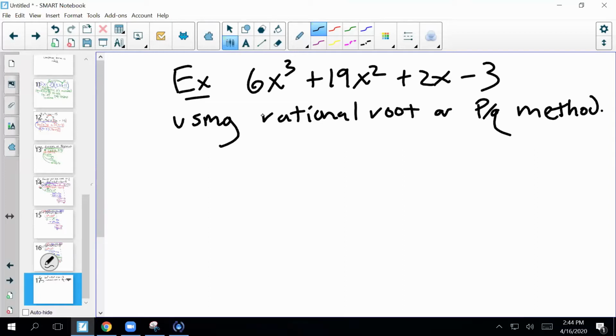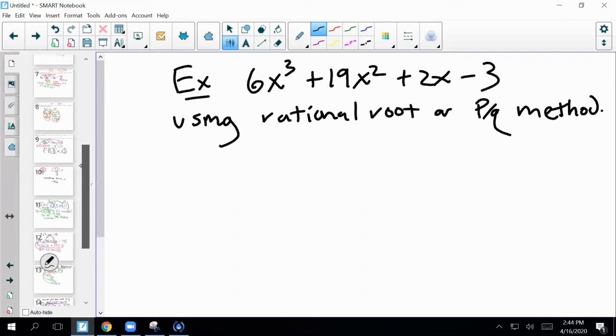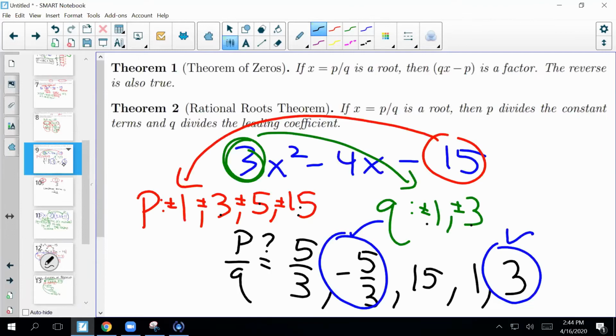Okay, so what does that entail? Well, the first thing we got to do is go back to this theorem. Theorem 2, the rational roots theorem, which says if P over Q is a root, then P divides the constant term and Q divides the leading coefficient.